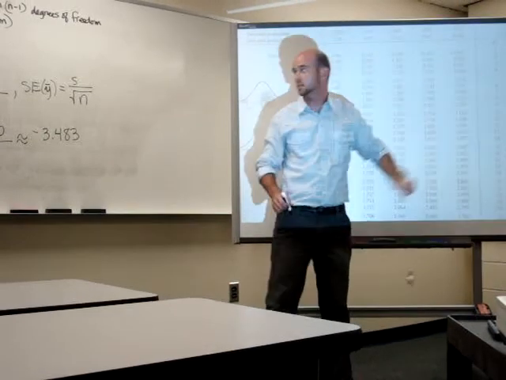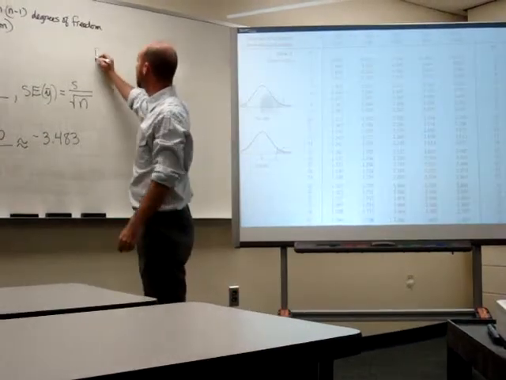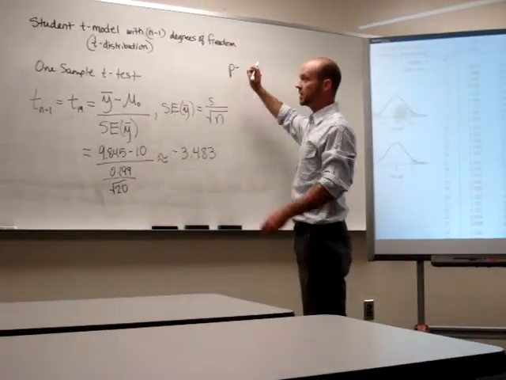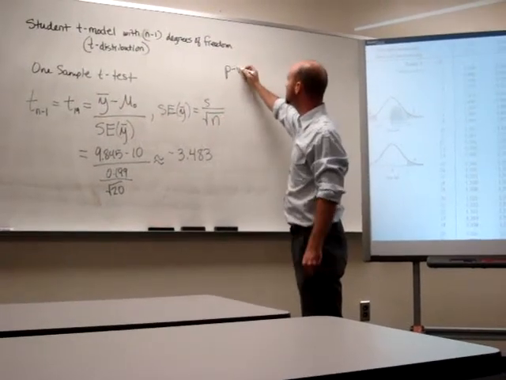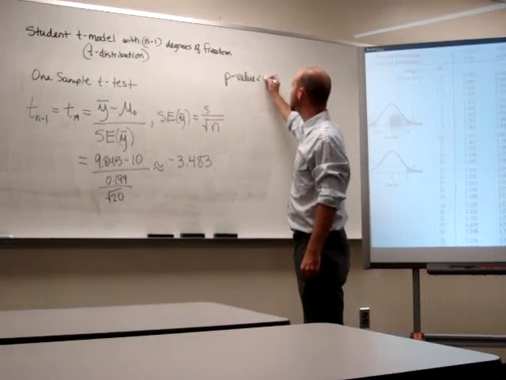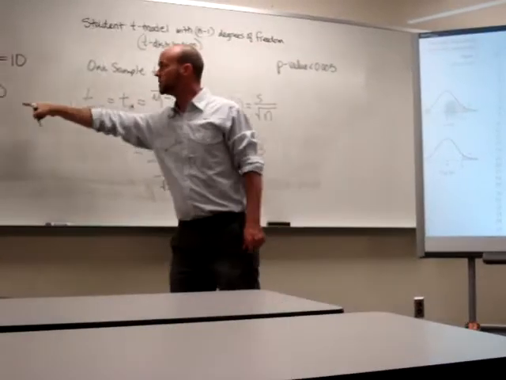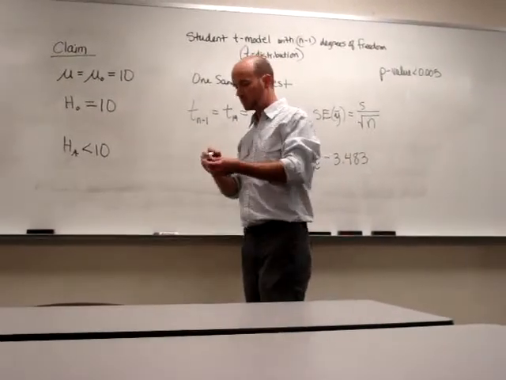So this is telling us that our exact p-value for this one-sample t-test, or for this hypothesis, needs to be less than 0.005 in order to reject the null hypothesis.